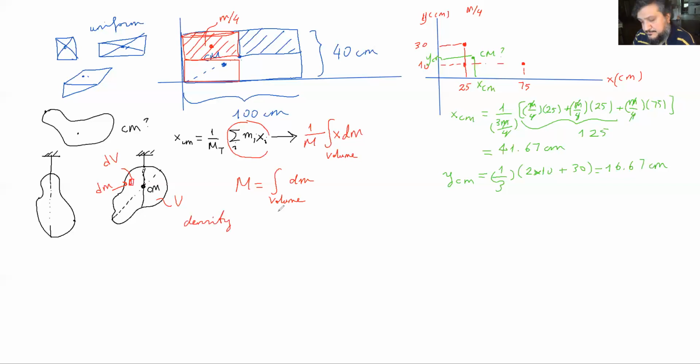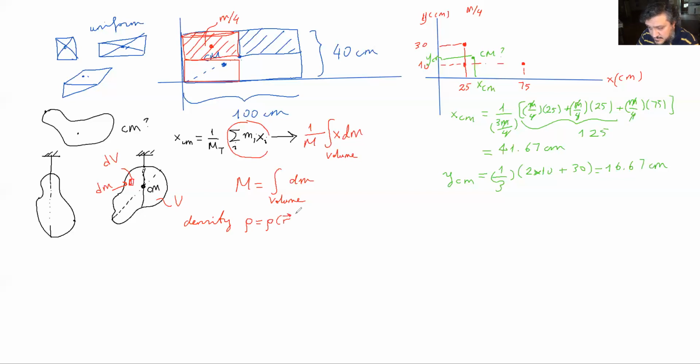If the object is uniform, density is simply total mass divided by total volume. Let's use the letter rho to denote density. Now, rho may or may not be a function of where you are on the object. I'm going to call the position r, just like the position vector.